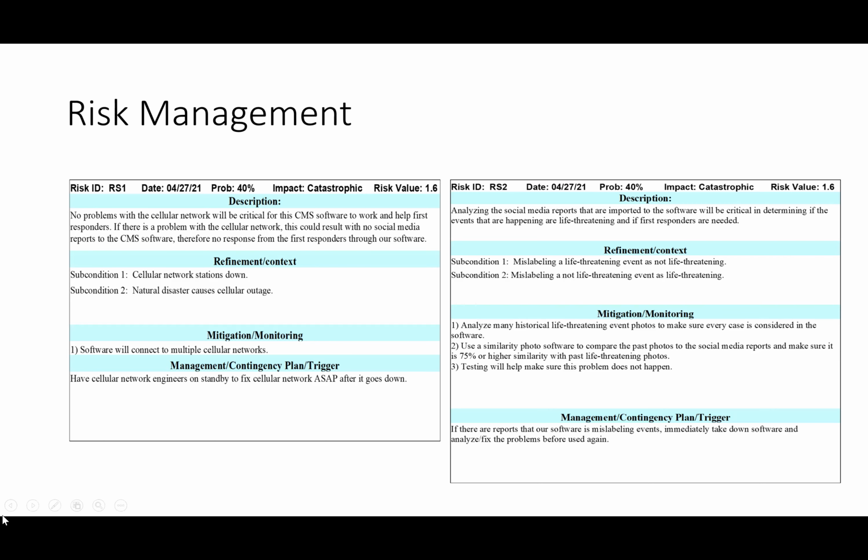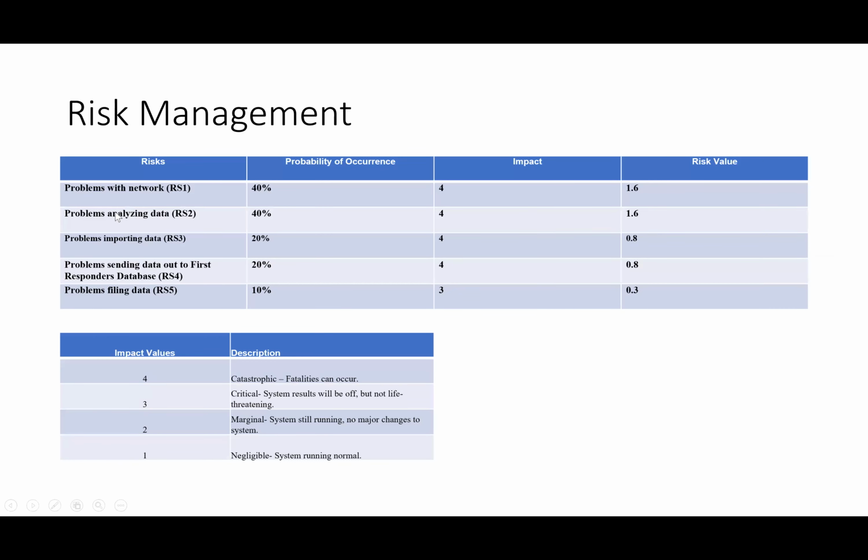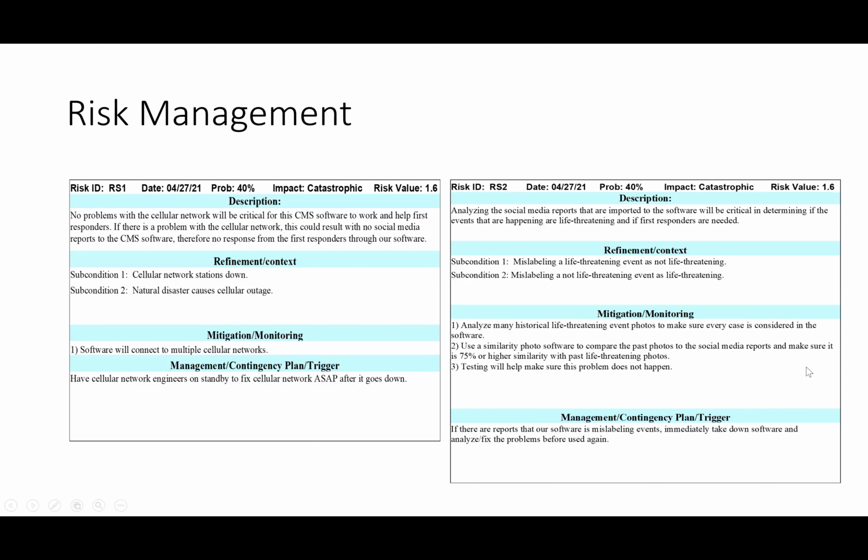The second risk was problems analyzing data. The description: analyzing the social media reports that are imported to the software will be critical in determining if the events that are happening are life-threatening and if first responders are needed.